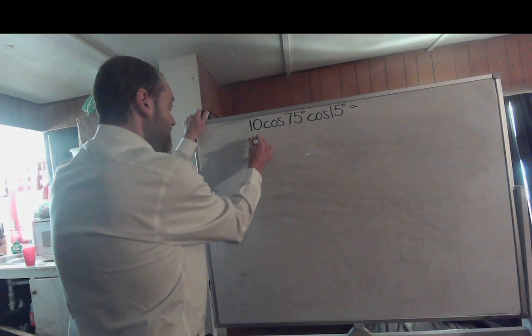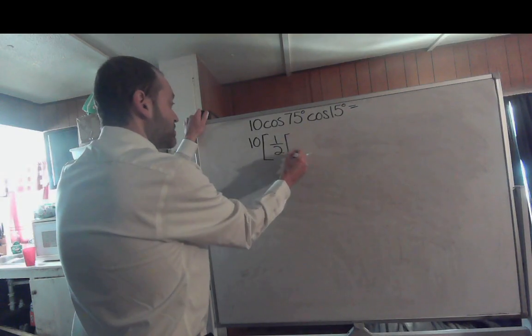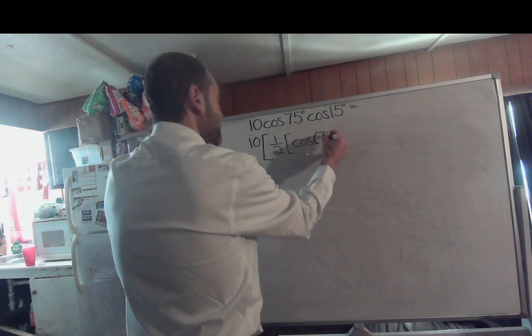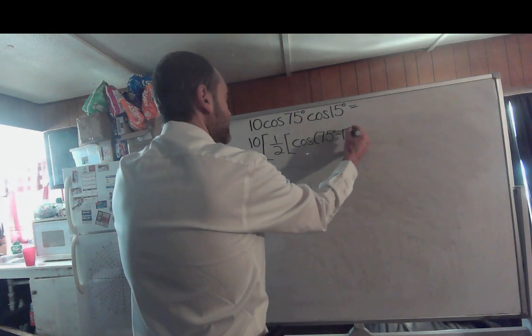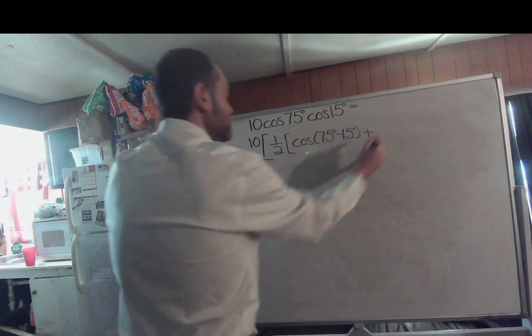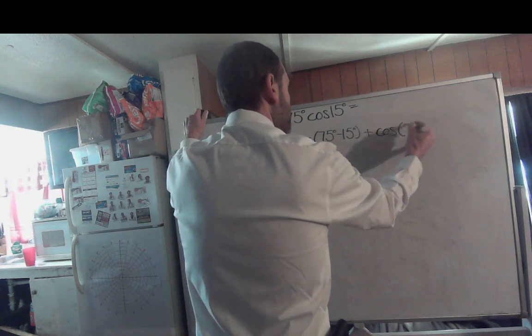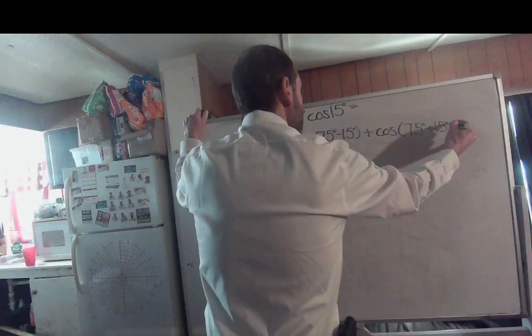So this would be 10 times the quantity of 1/2 times the quantity of the cosine of 75 degrees minus 15 degrees plus the cosine of 75 degrees plus 15 degrees.